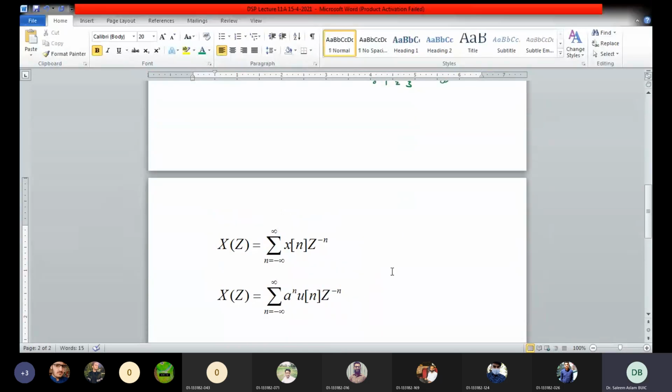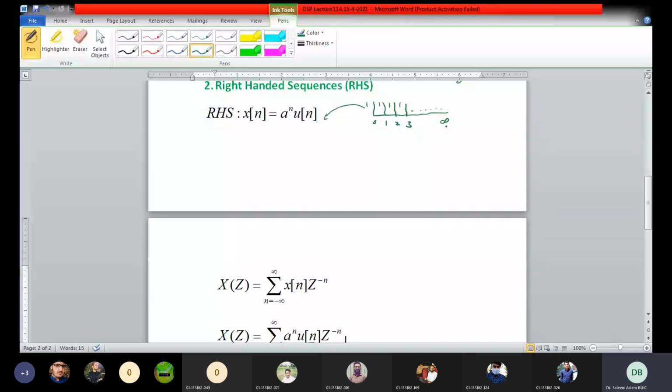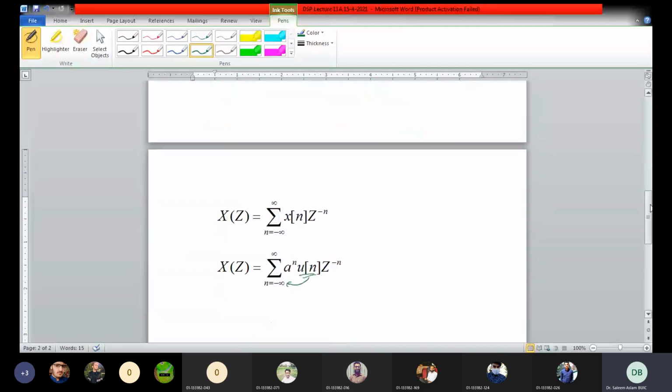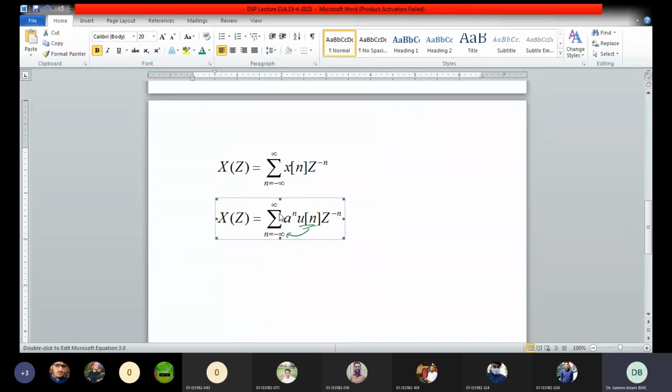So what will be the effect of this u of n? It will change the limits from 0 to infinity, right? Because it is running from 0 to infinity, so it will change the limit of summation from 0 to infinity. That's the only difference.